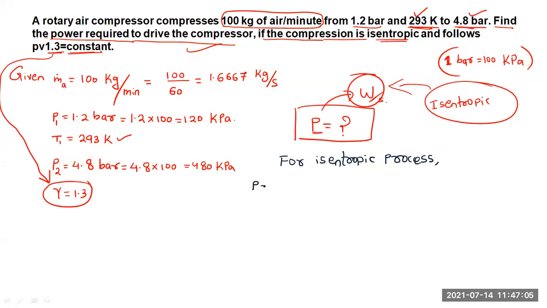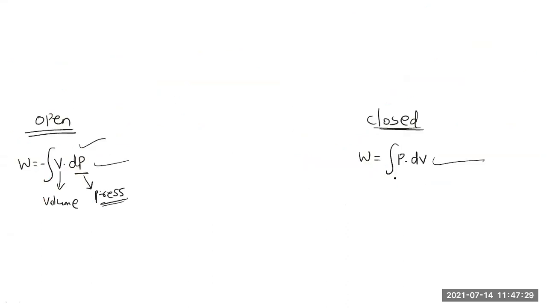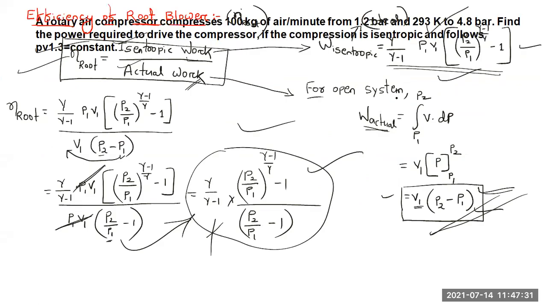Power required, which is equal to work done, equals gamma by gamma minus 1 times P1 V1 times P2 by P1 whole to the power gamma minus 1 by gamma, minus 1. For an isentropic process, this is the work done formula. Just now we have derived it, you can see here.